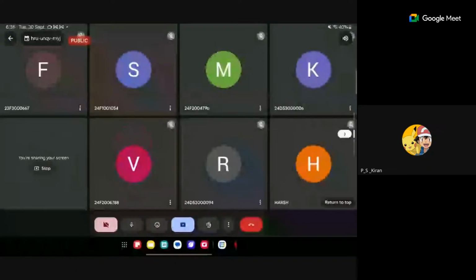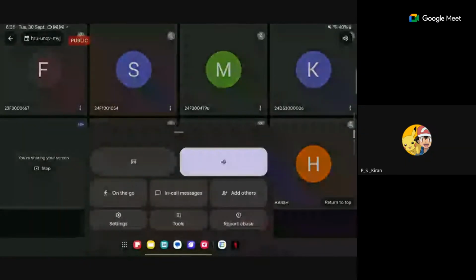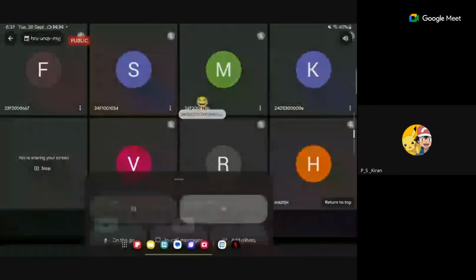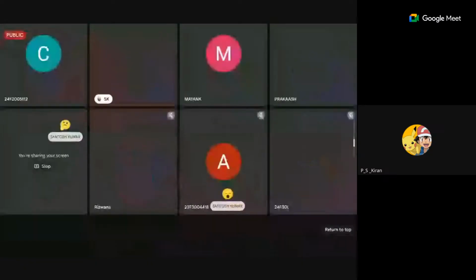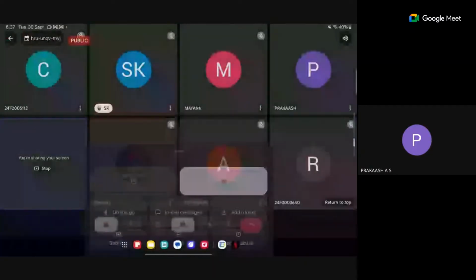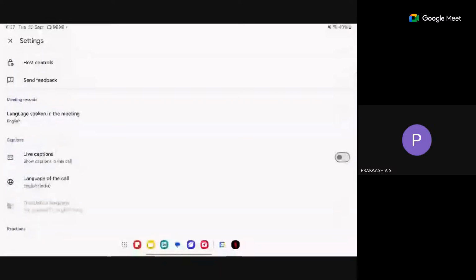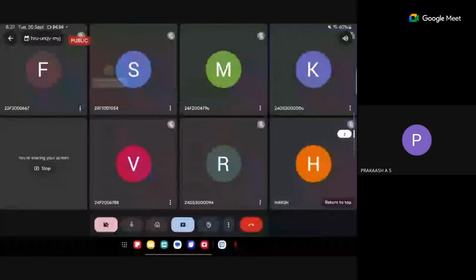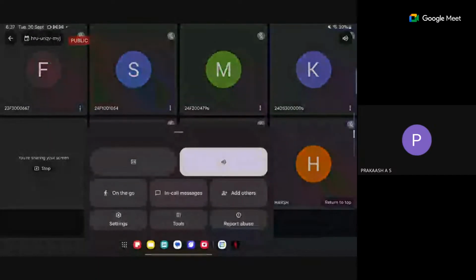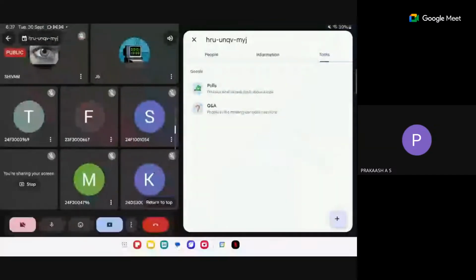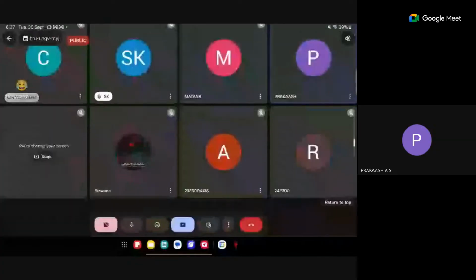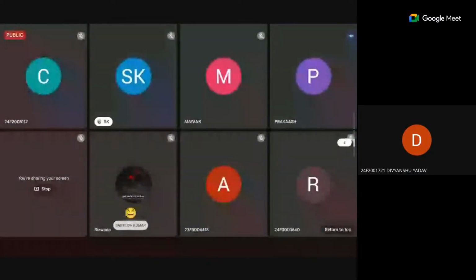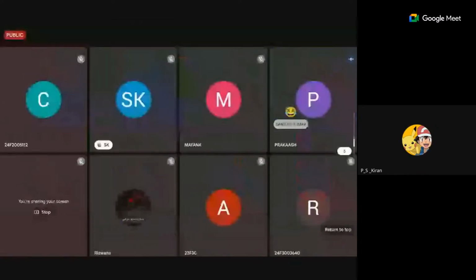You can search for him by name in the people tab.